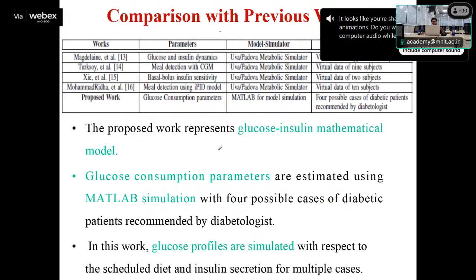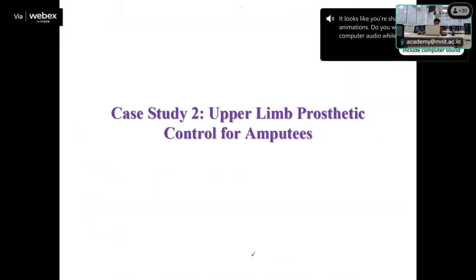We have also done that simulation on 4 real subjects. There is a UVA Padova simulator which helps with similar things, but we developed a model in MATLAB, tested it on 4 real subjects, and observed that we are able to control the blood glucose value of the patient.